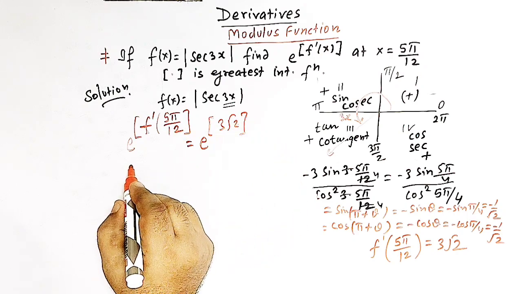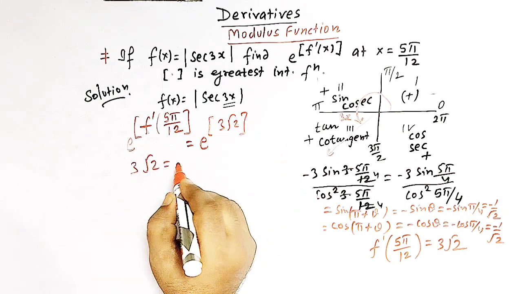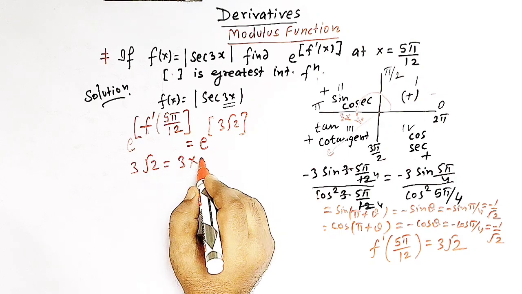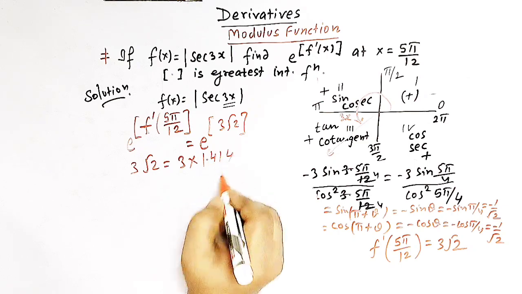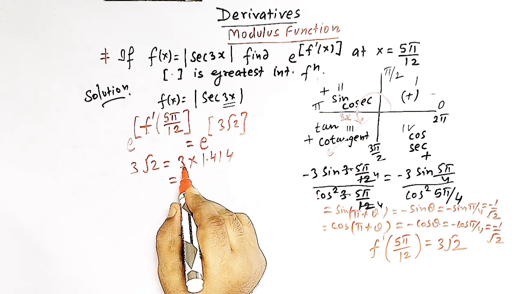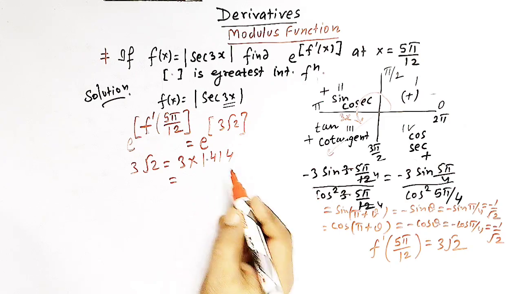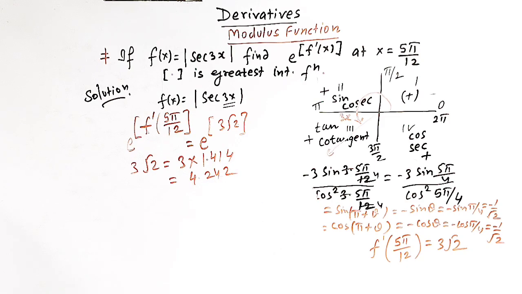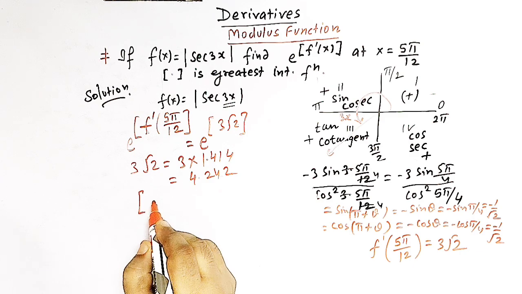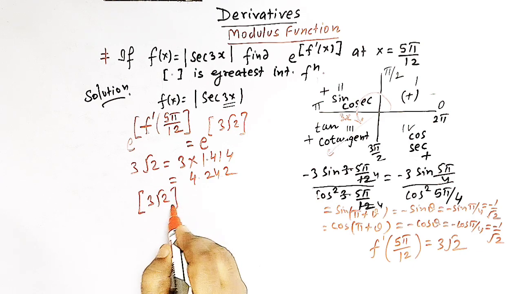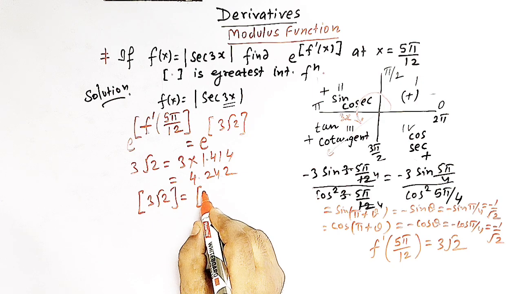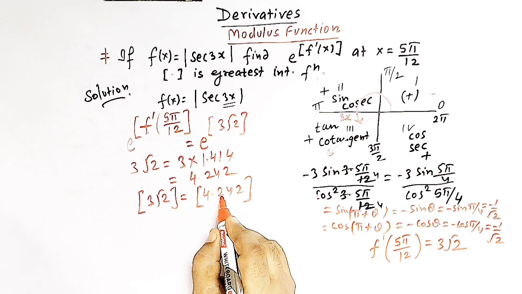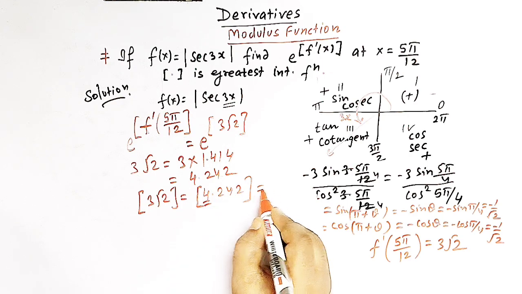Now see, the value of 3 root 2 is given by 3 times the approximate value of square root of 2, which is 1.414, and if we multiply 3 and 1.414, we'll get 4.242, right? And the greatest integer of 3 root 2 is given by greatest integer of 4.242, and the greatest integer of 4.242 is 4, right?